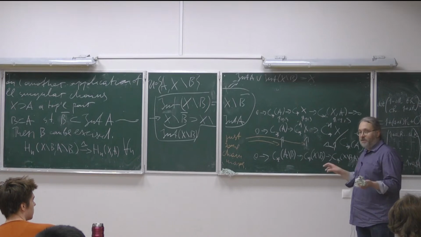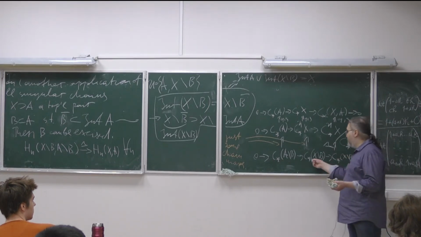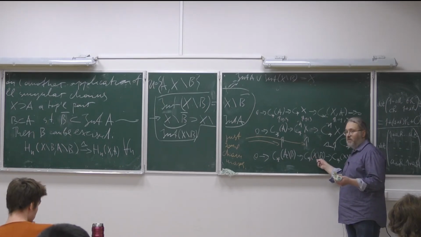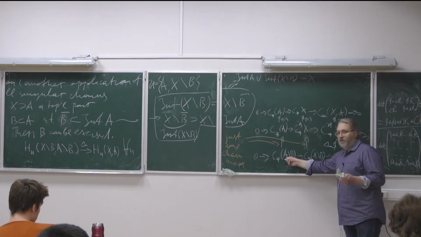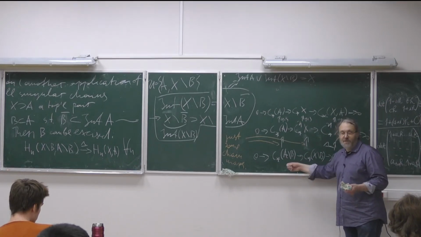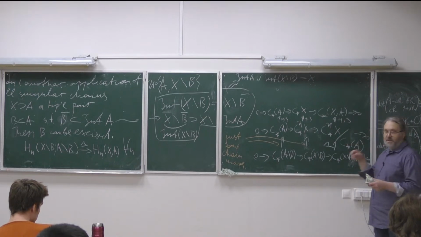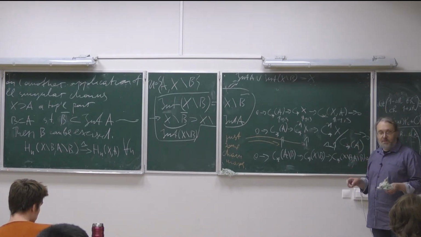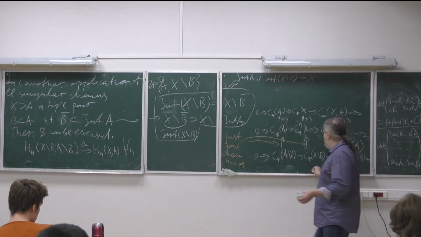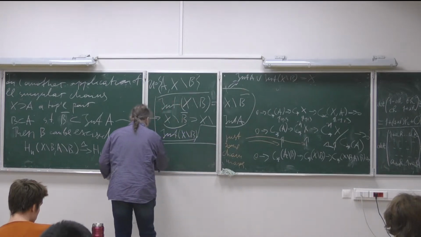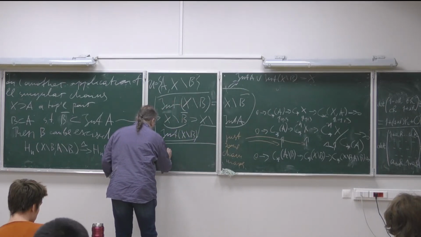They have natural bases which correspond to singular simplices which are in X minus B but which are not contained in A minus B. As an abelian group, not as a complex, C lower star of X comma A.